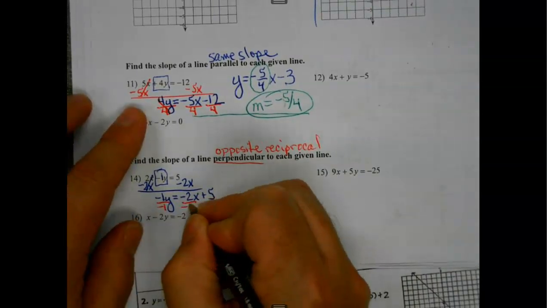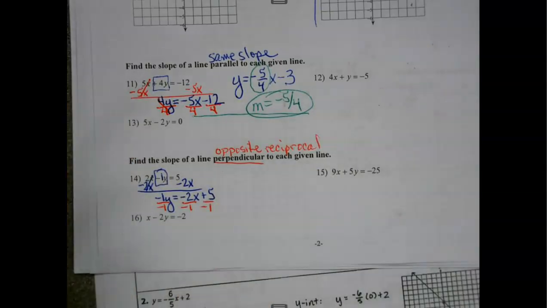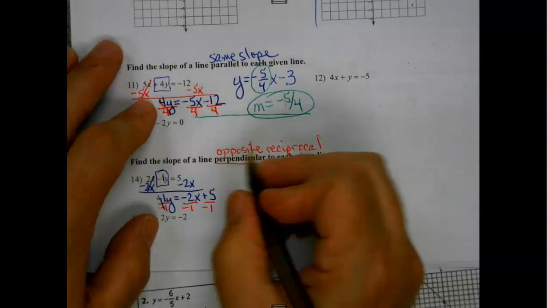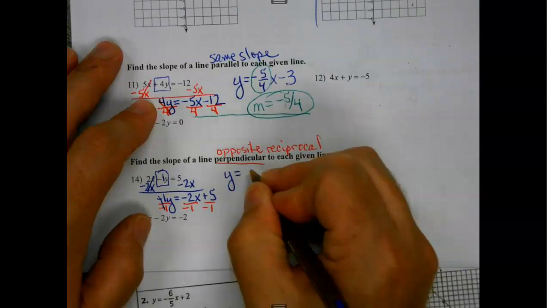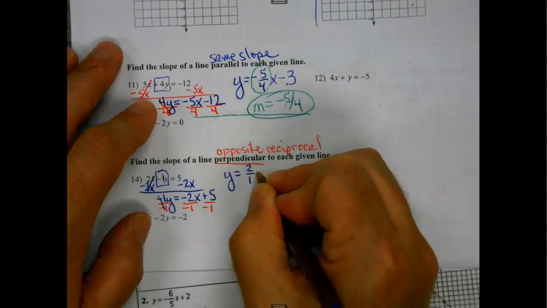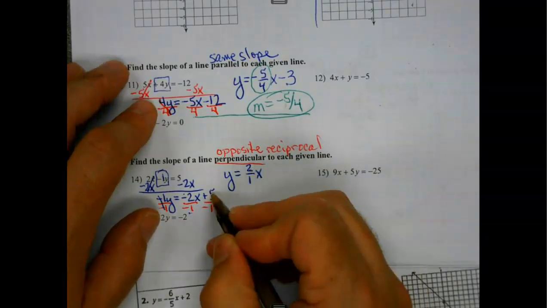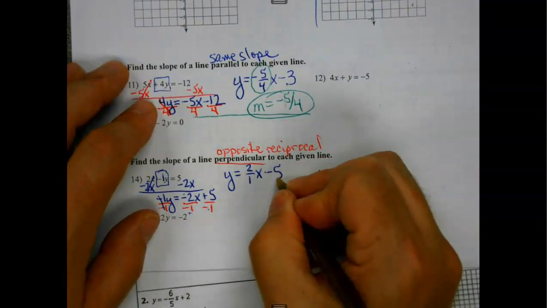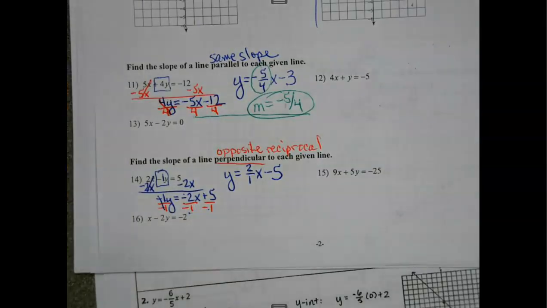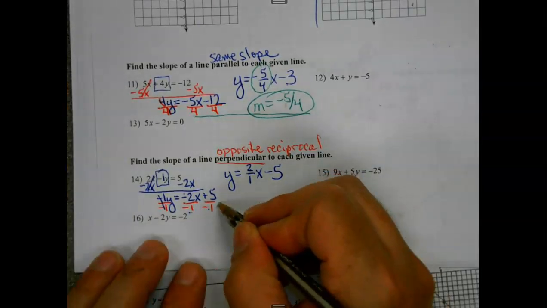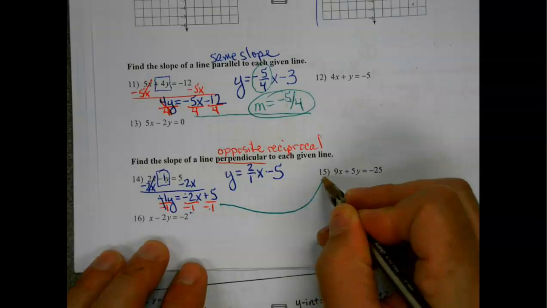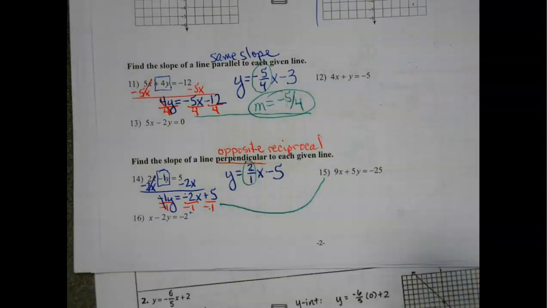We're going to divide everything by -1, because y wasn't by itself otherwise then. So negative divided by negative is positive. Positive divided by negative is negative. Okay, this one I just have to think a little bit. There's the slope of my original line.